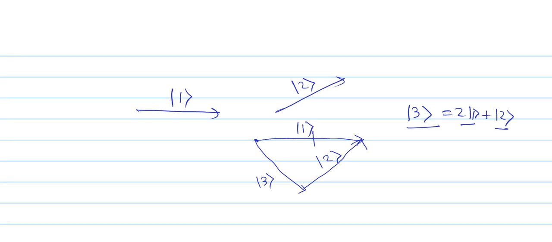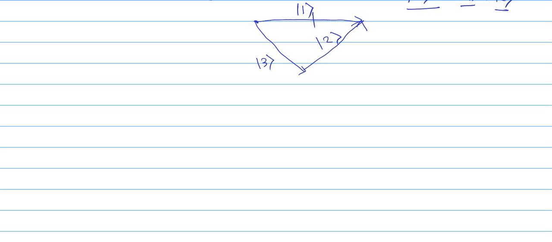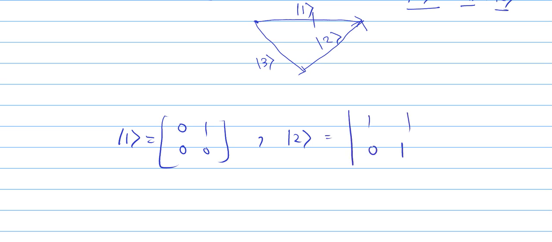Let's do an exercise or problem so that we can understand this linear independence or dependence better. Let's say you have 3 elements of 2 by 2 matrices. One element is given by this, one element is given by this, and one element is given by this.